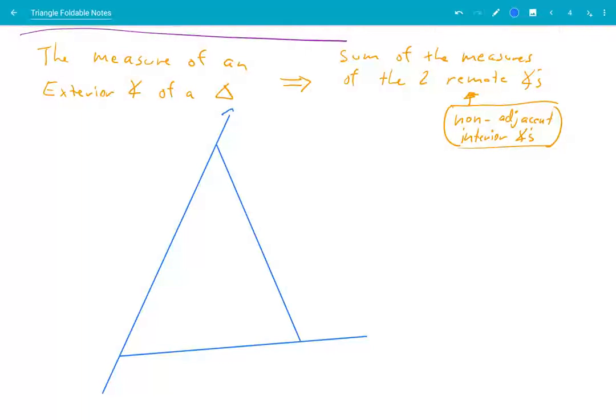All right, so here is a triangle. These are rays. We just extended these out from the sides of the triangle. So we'll call this angle 1, 2, 3, and then this is 4. So here we have the interior angles in blue, 1, 2, 3, and an exterior angle in orange, 4.